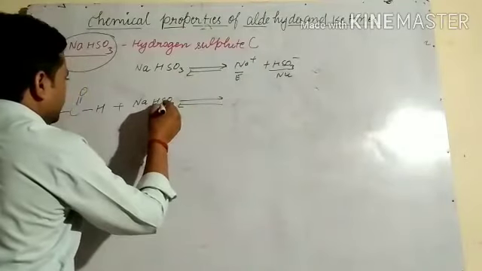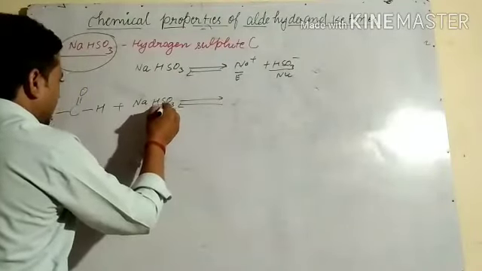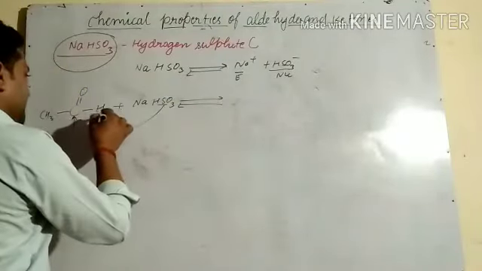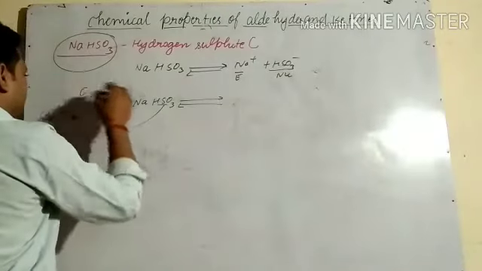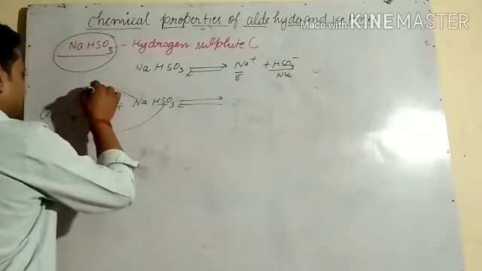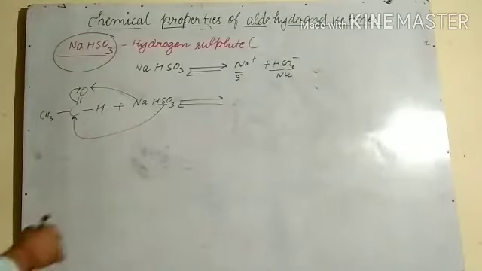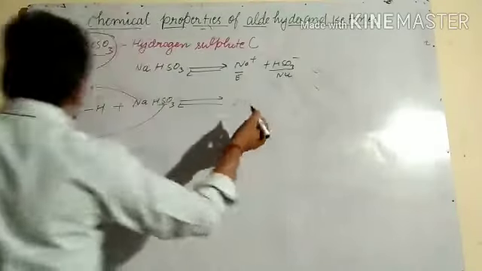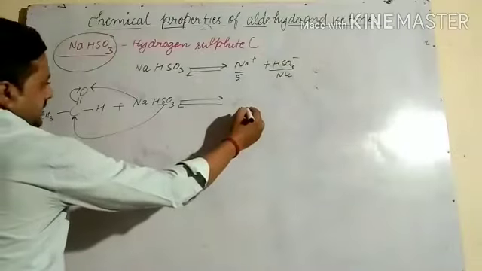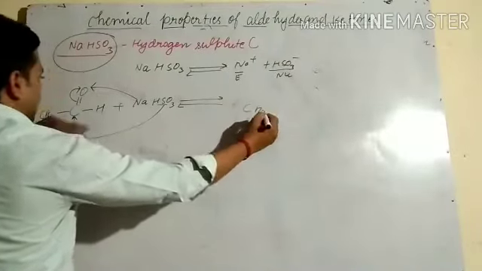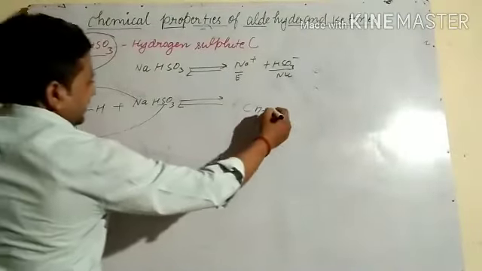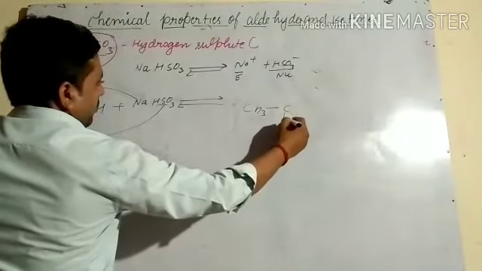This will go to the carbonyl carbon, the electrophilic center. The electrophilic center is this, and this will go there. So what is the first step? You can see CH3, and what we have added here? O.